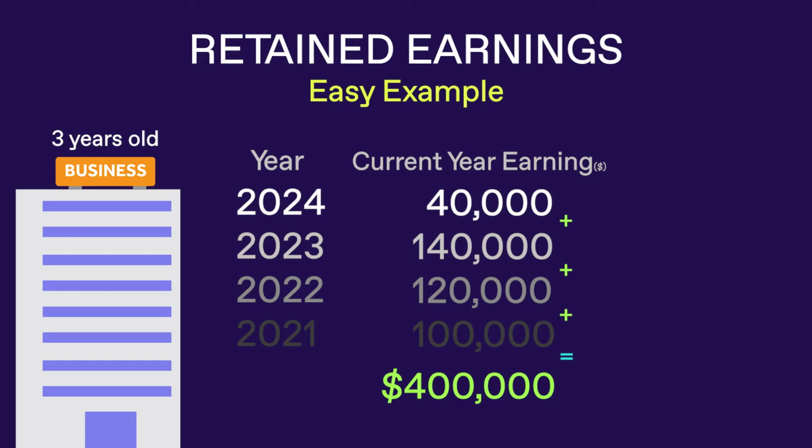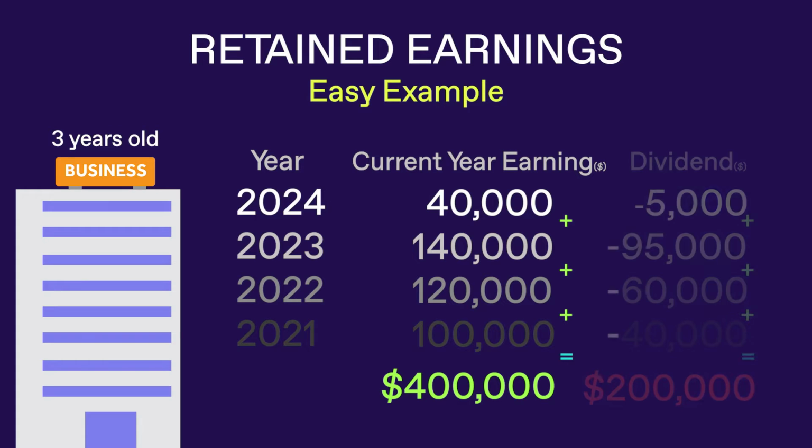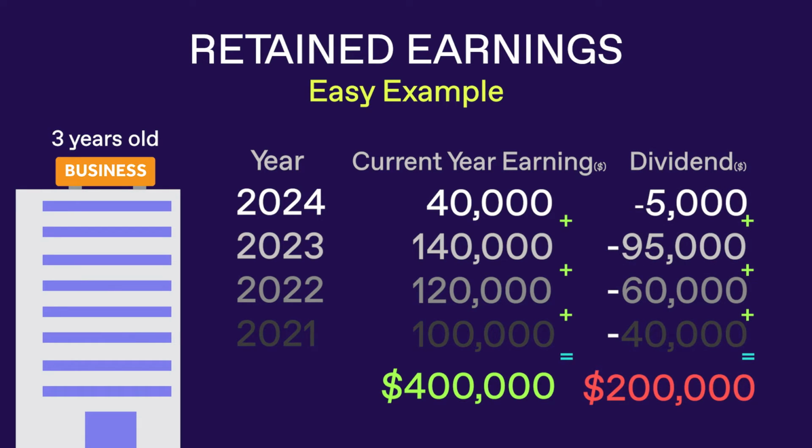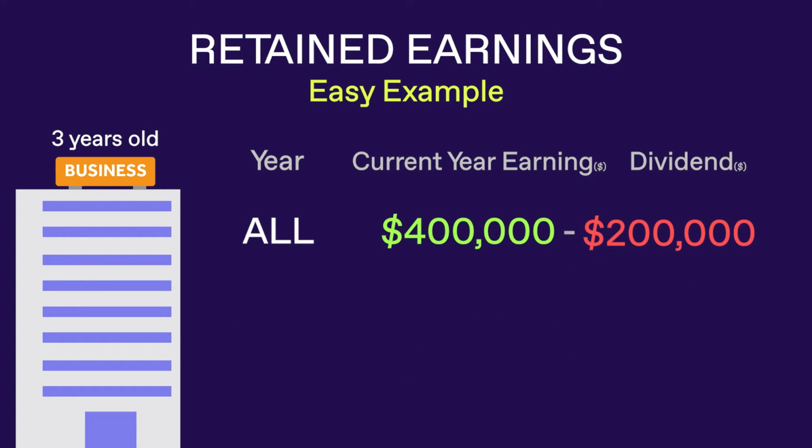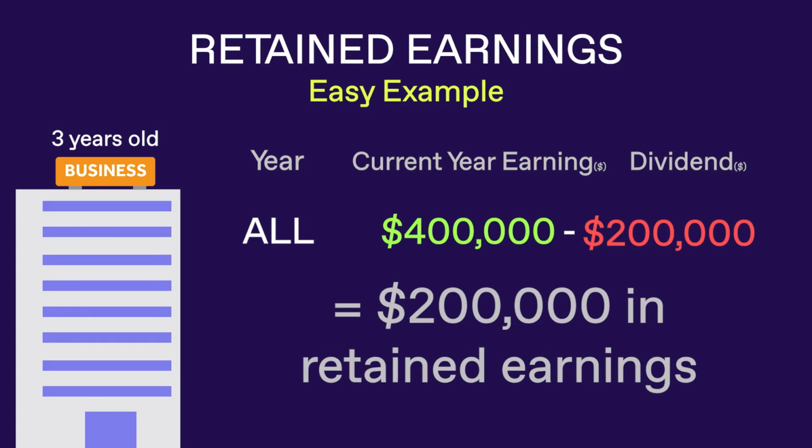That is what we have left over within the business as retained earnings. Then, over that 3-year period, let's say we've paid $200,000 worth of dividends. That means our retained earnings as at this year is $200,000. So retained earnings, all prior year current earnings, and sadly, if those earnings aren't positive and they're in loss, then it is retained losses within the company. The calculation is still the same.